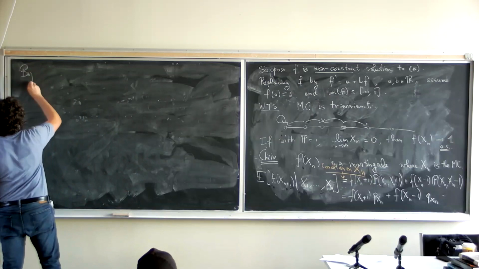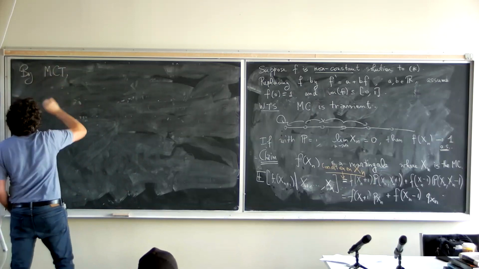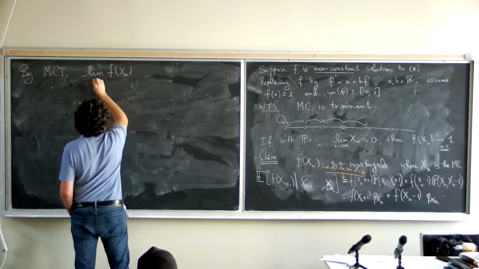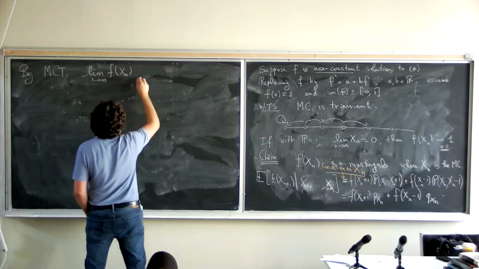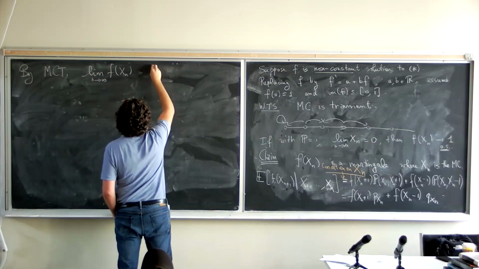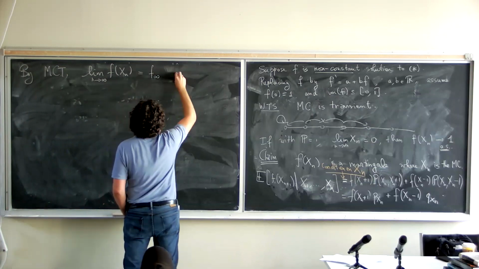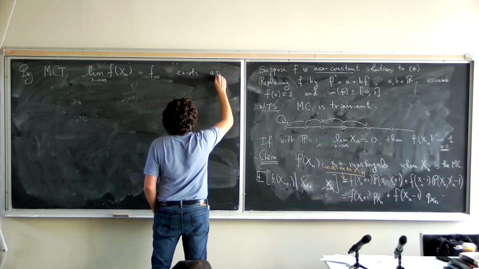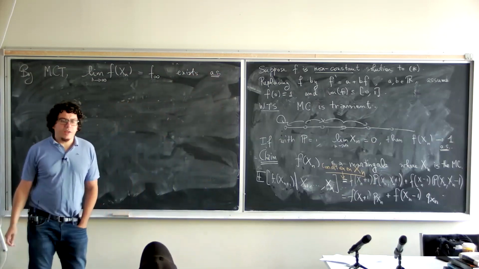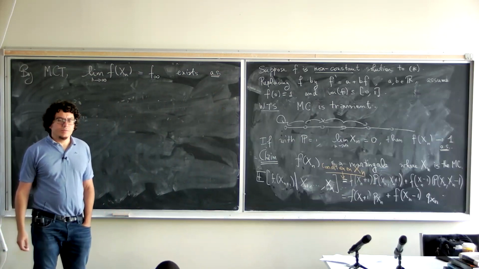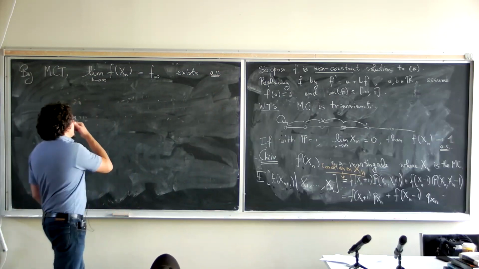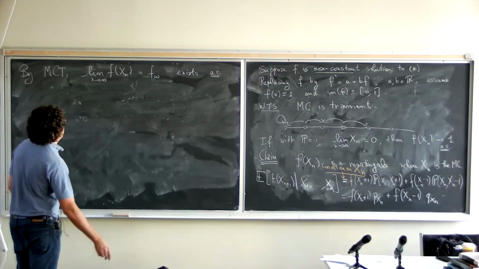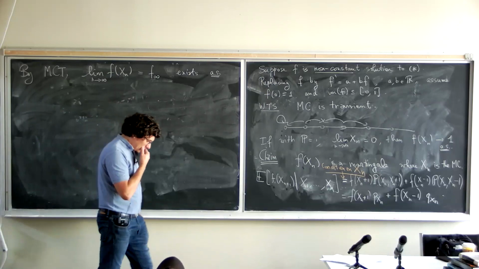So now by the martingale convergence theorem, the limit of f of xn, which equals f infinity, exists almost surely, for almost every path. So now f infinity is another function.